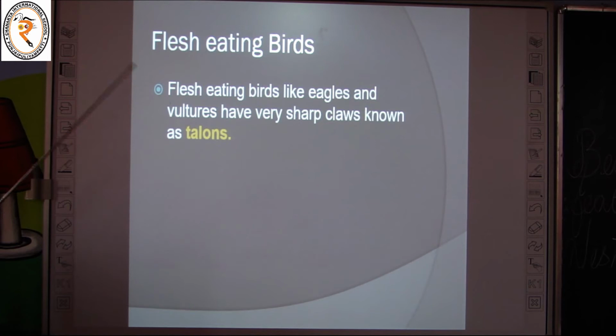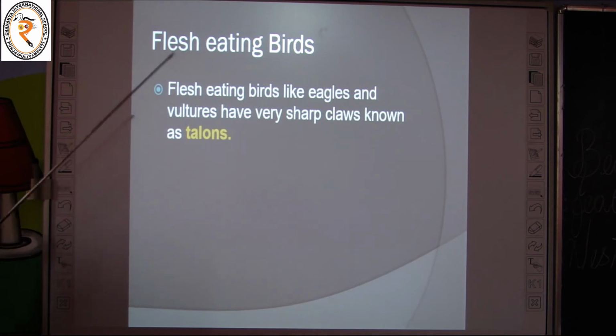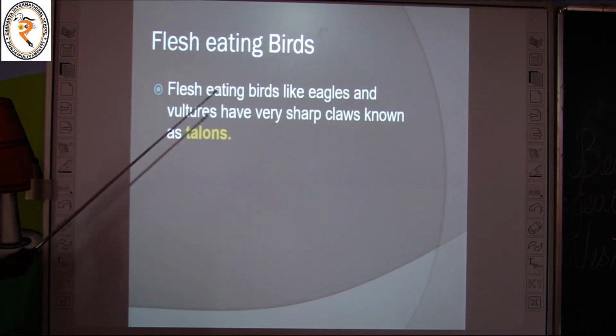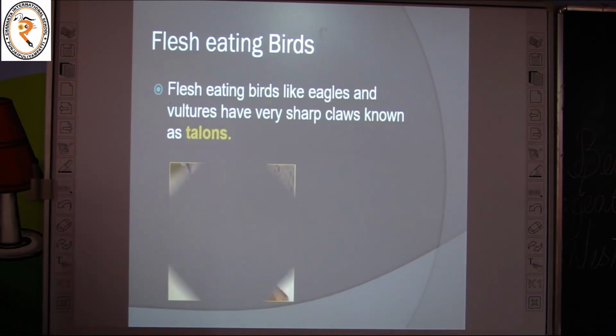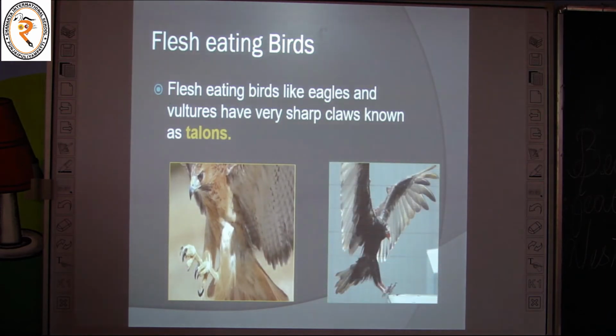Flesh-eating birds like eagles and vultures, they eat other animals' flesh. They have very sharp claws known as talons. See their claws now? It is very sharp.